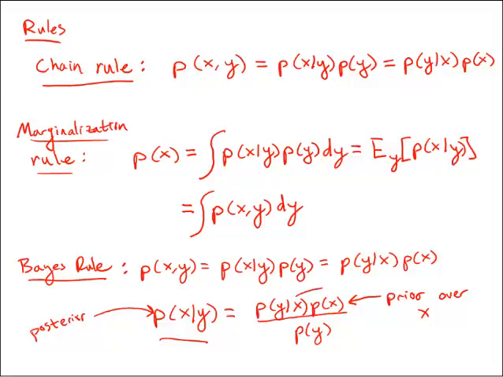P of y given x is called the likelihood. Specifically, this is the likelihood of x. The likelihood of a variable x is the probability of y given x. So the likelihood of a stimulus would be the probability that that stimulus generated the response that you measured.